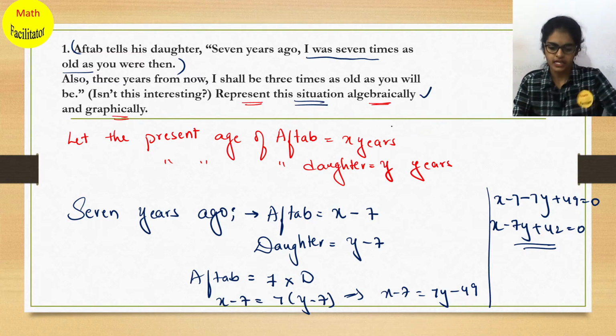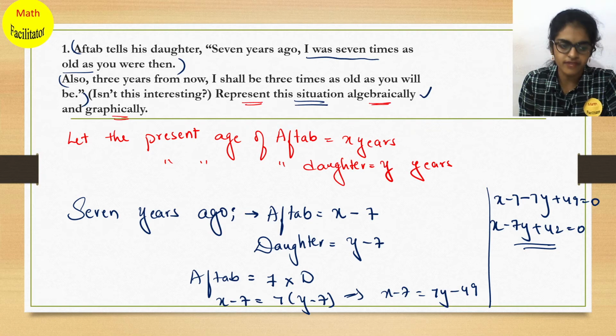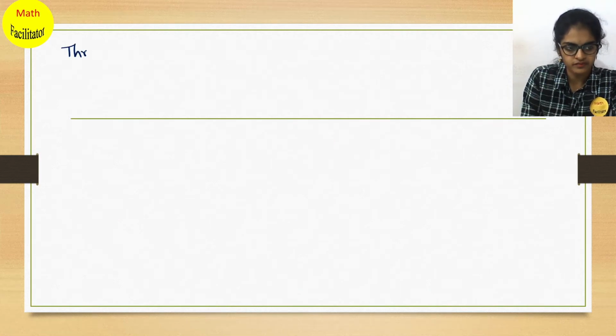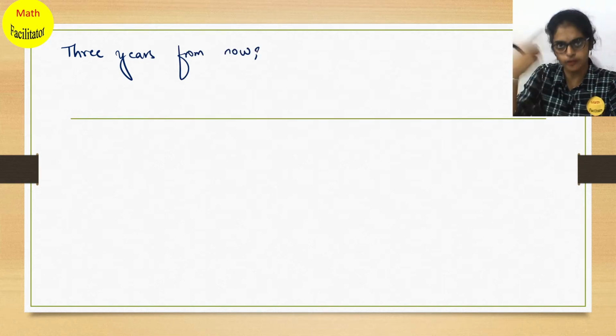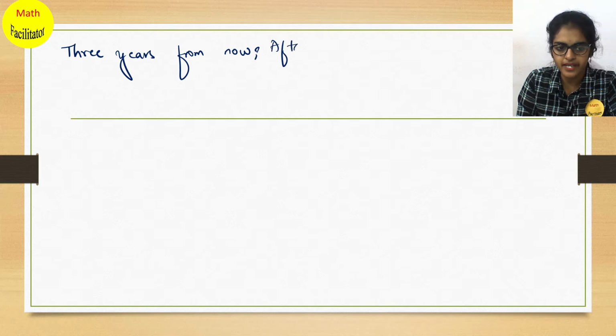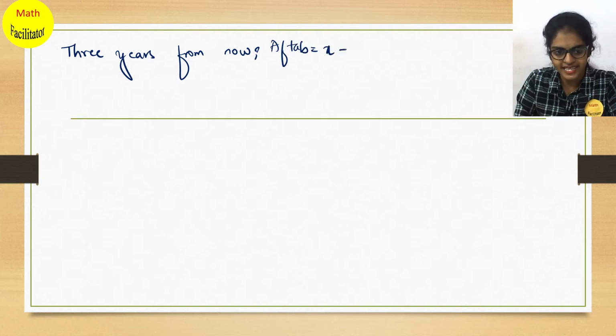Okay. Now the second situation, in the second line: 3 years from now. 3 years from now means future age. So Aftab's age will be how many years? As I told you, present plus the number. So present is X, so it is X plus 3.